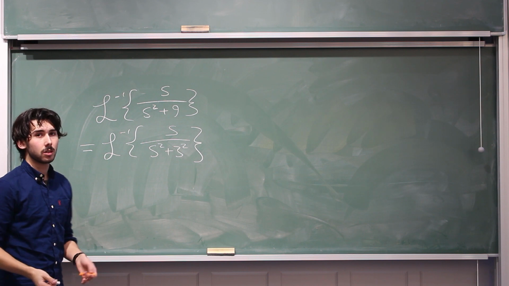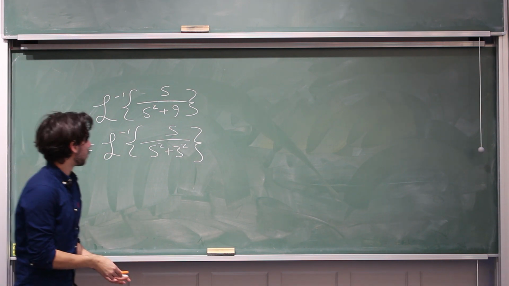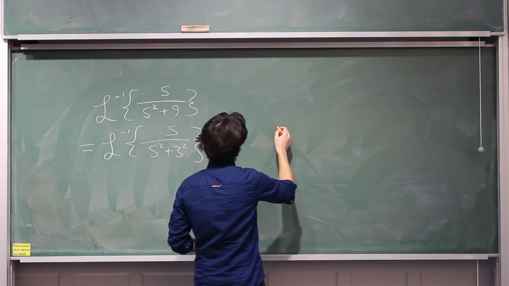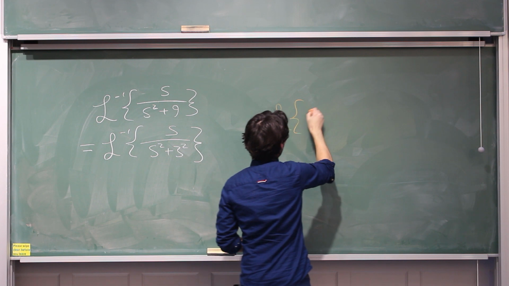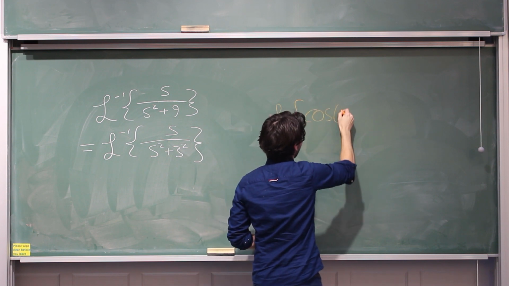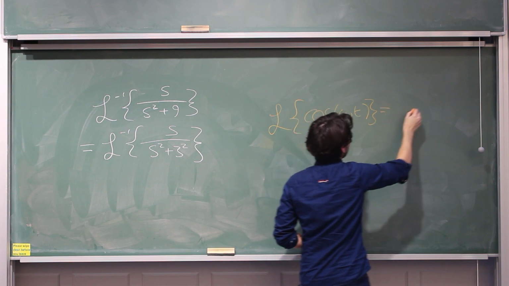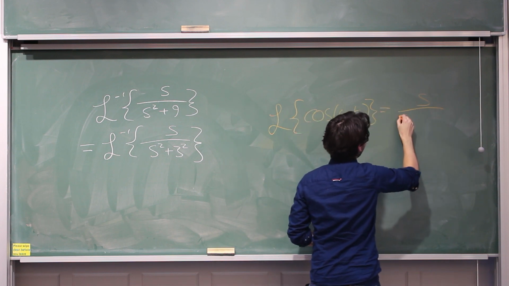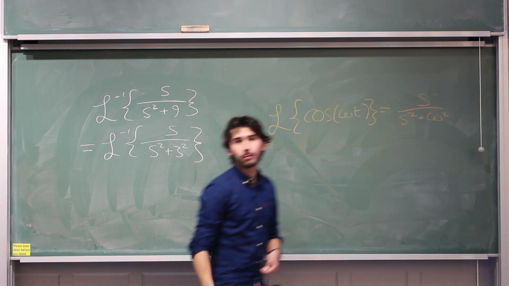And guys, what am I about to do? I've obviously just pulled this out of nowhere, right? I'm about to drop some facts on you once again. I know that the normal Laplace transform of cos omega t is s over s squared plus omega squared.